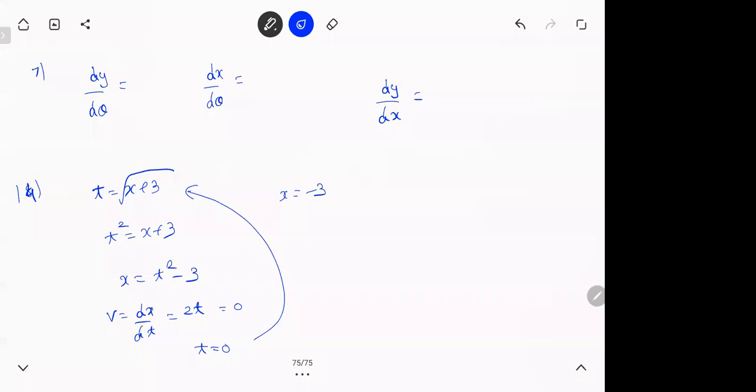Wow, and velocity is 0. And there is no answer there. There is no answer for this. That will be a bonus. That question will get cancelled.